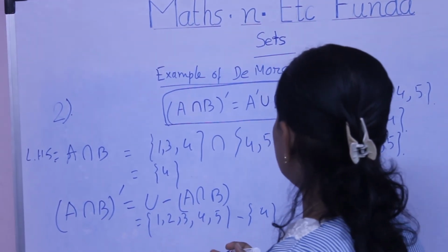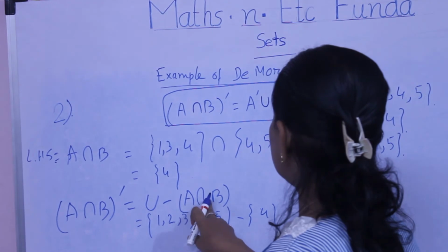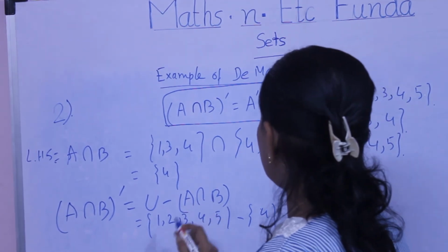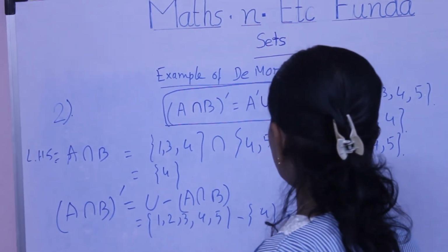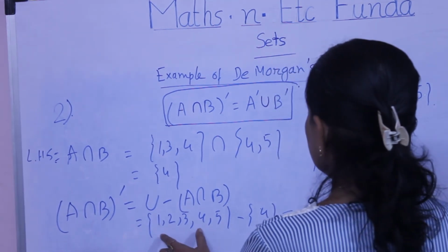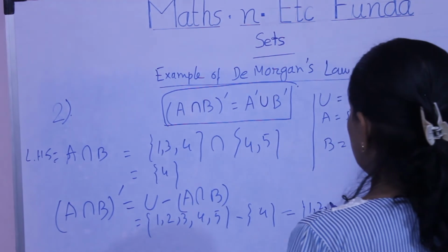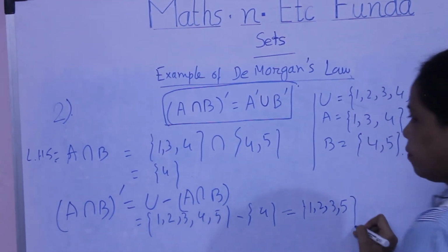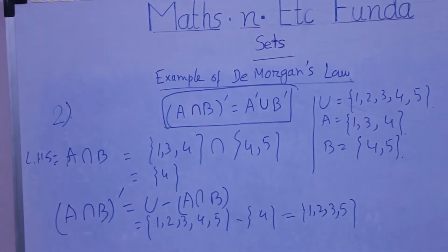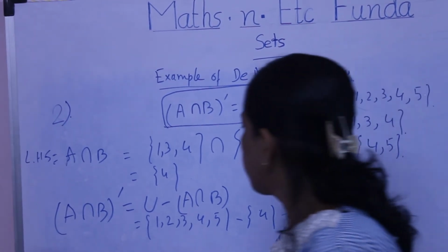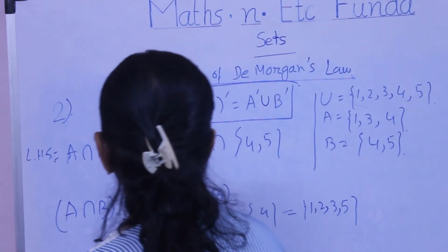The elements present in the union set but not in A intersection B. So that will be 1, 2, 3, 5. So the left hand side is this.